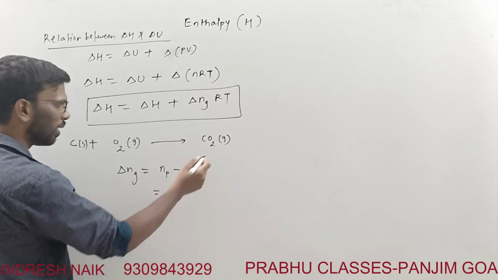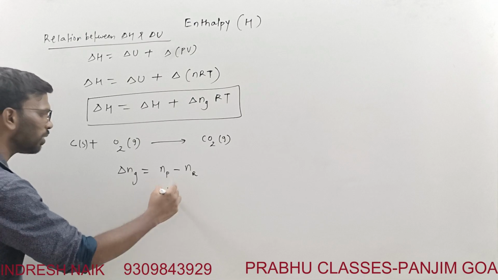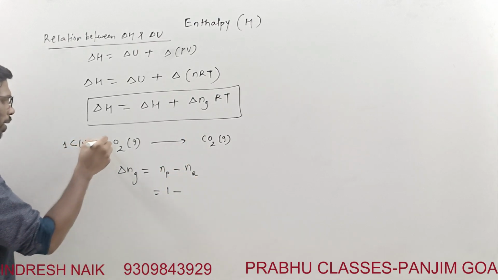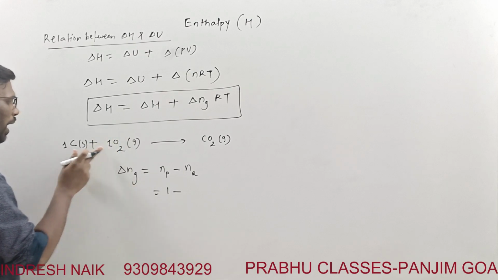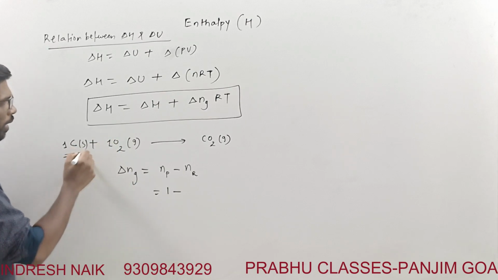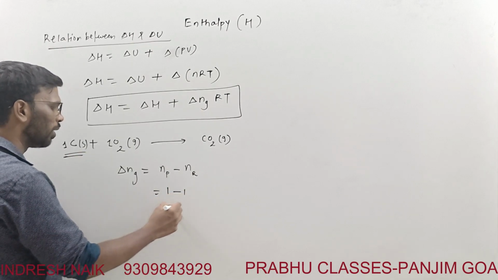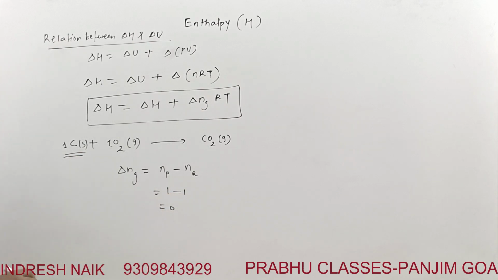In this case, the product is 1, and although carbon is also there, you will not take it as 1 plus 1, because it is solid. What contributes is just the gaseous reactant. So 1 minus 1 is 0. In this case, delta n g is equal to 0.